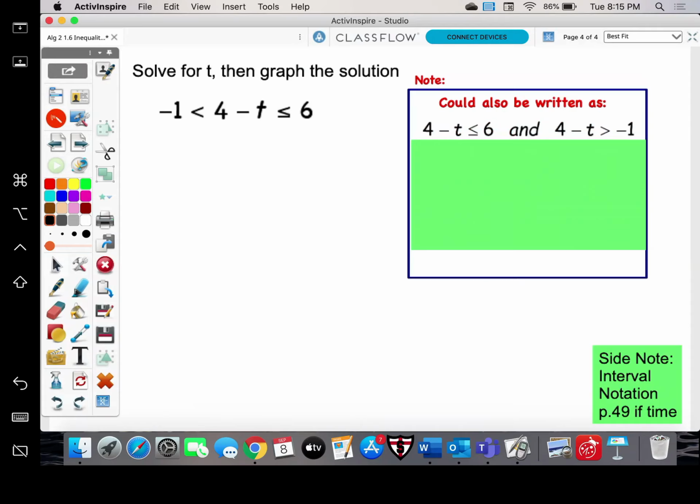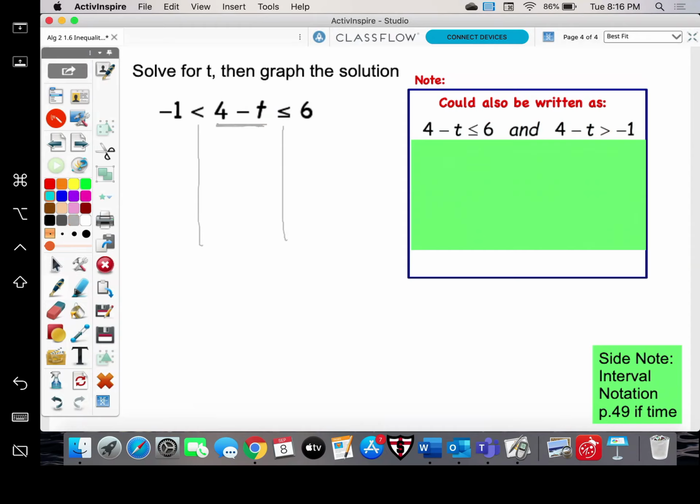So either way, we'll compare the two methods when we're done. So here it's important to note that there are 3 different sections to this inequality. And whatever you do to one section, you have to do to all of them. So we're going to take note of this middle section here because that's where our variable is. Okay, so we have to get t all by itself.